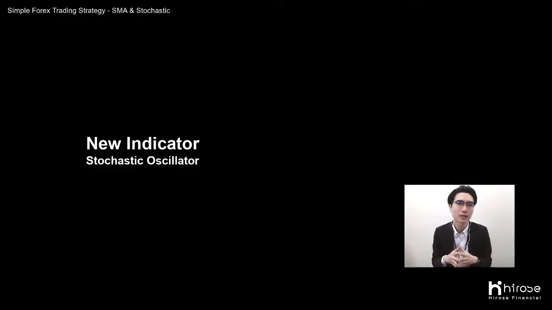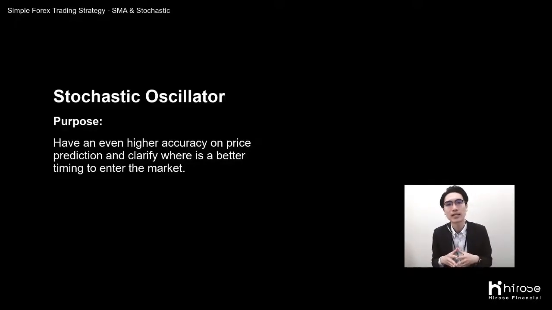Because when price is in a trend market, it has a particular direction overall, but because the price moves all the time, it still moves up and down during a trend market. So the most asked question is where to place a trade, and when would be the better timing to place a trade.